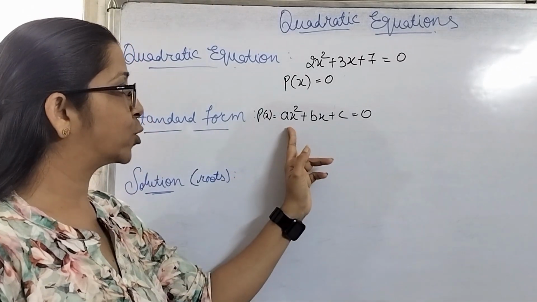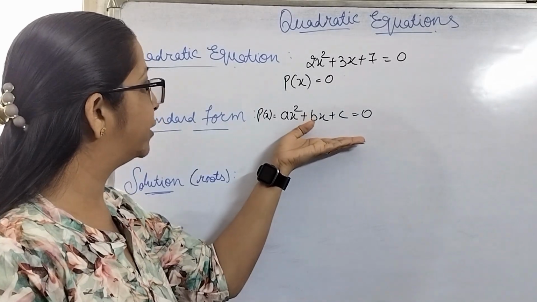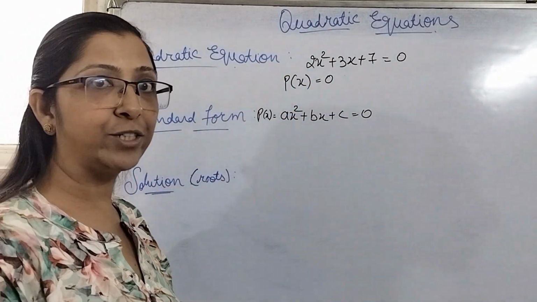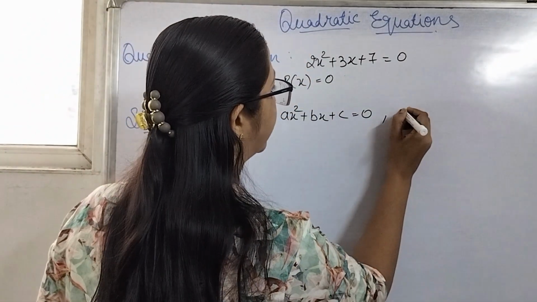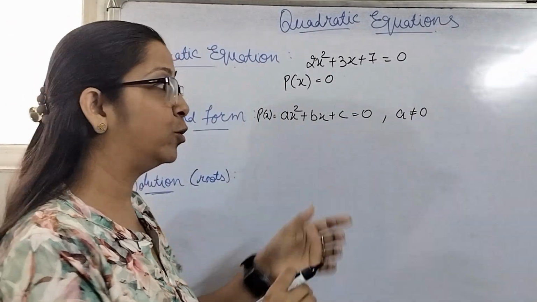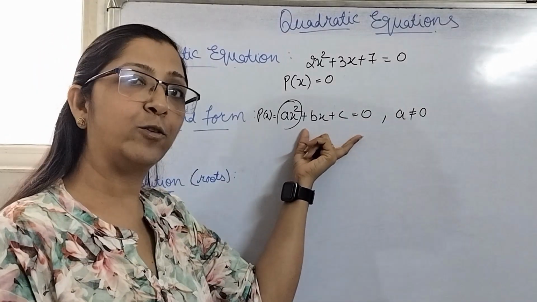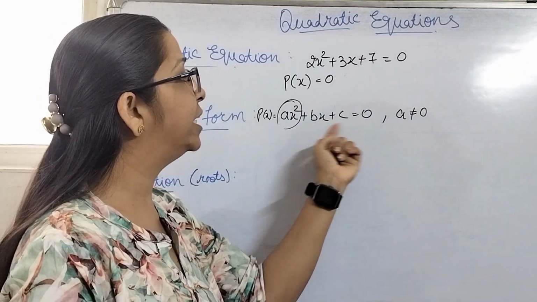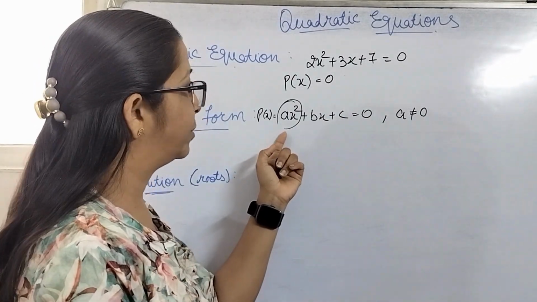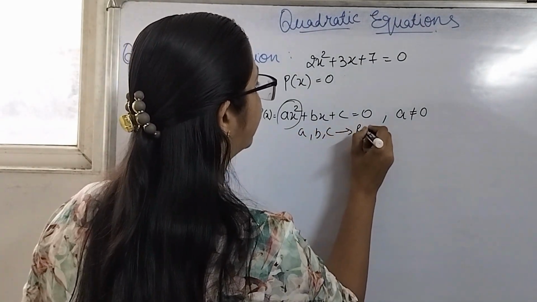That means ax square plus bx plus c equals 0 is the standard form of the quadratic equation. Again over here, a cannot be 0, because if a is 0, this whole term becomes 0, and instead of a quadratic equation, it will become a linear equation. So a cannot be 0, and a, b, c are any real numbers.